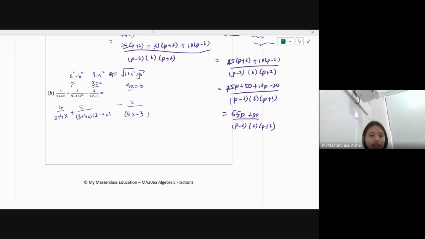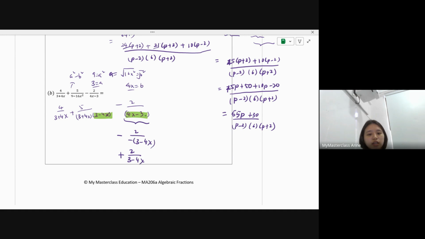Okay, so I have this already. Now, can we see any common denominator first? 3 plus 4x. I have 3 minus 4x and 4x minus 3. Same thing, I can just flip the sign. I can write this part as 2 over negative (3 minus 4x). Because I have a negative in front, this part I can write as plus 2 over 3 minus 4x.